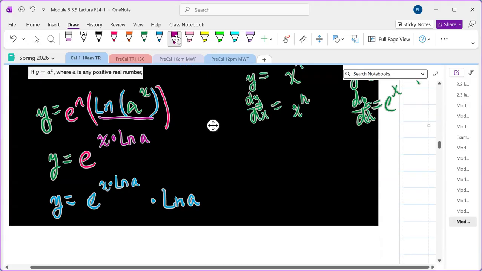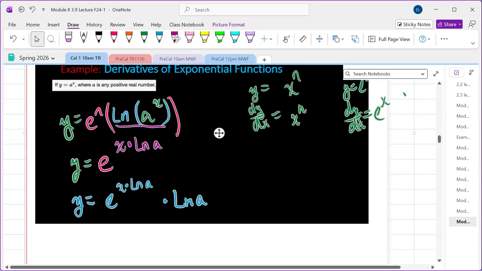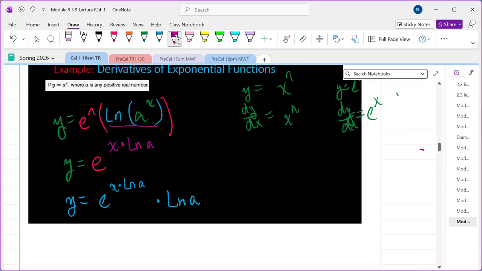Now my e to the x natural log a, though, was still just my original a to the x. So this part here I can rewrite as a to the x. All right. Sorry, I forgot to write dy dx. This is still y. This one is dy dx.